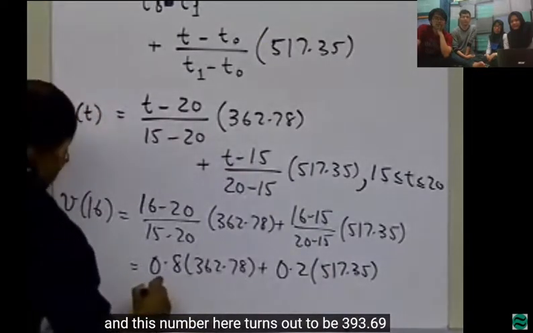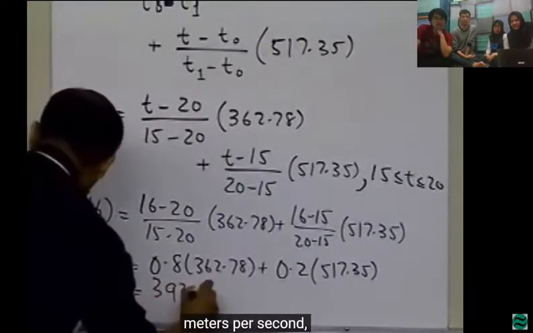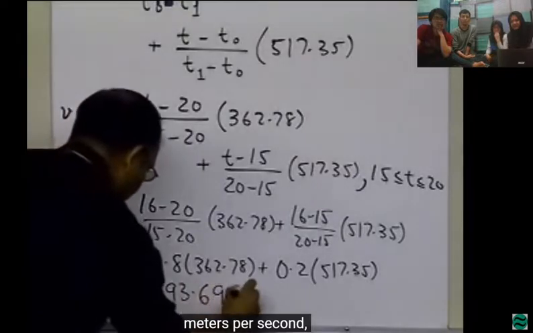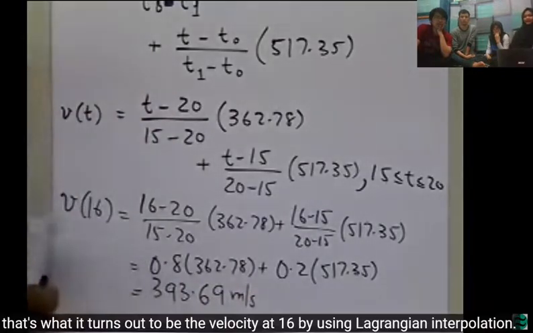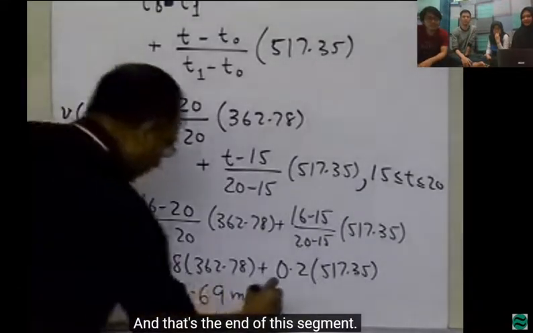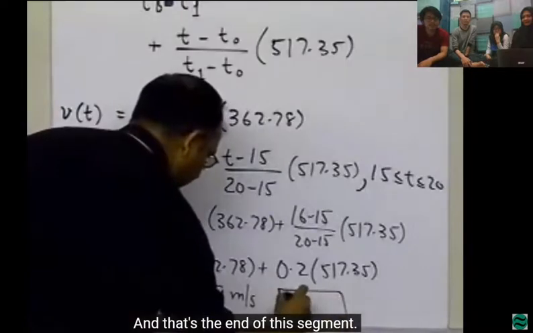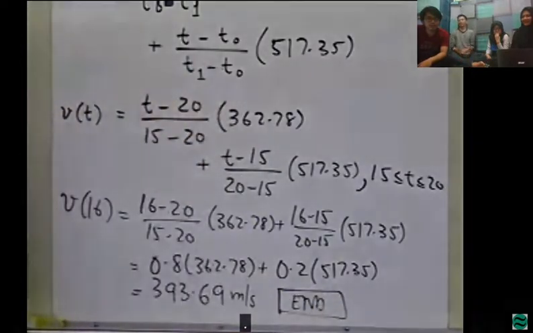And this number turns out to be 393.69 meters per second. And that's the velocity at 16 by using Lagrangian interpolation. And that's the end of this segment.